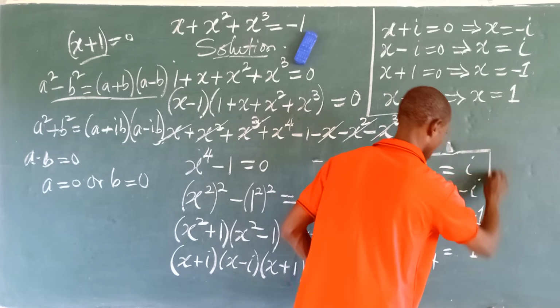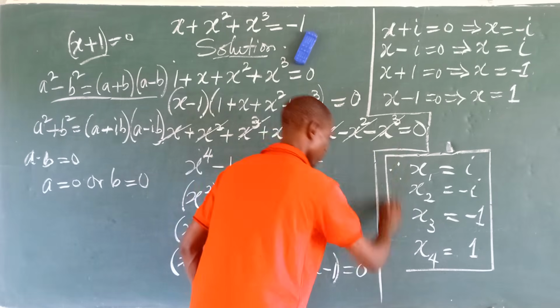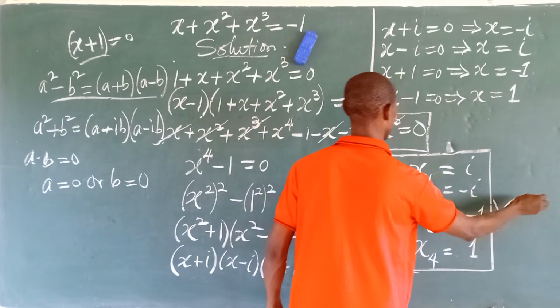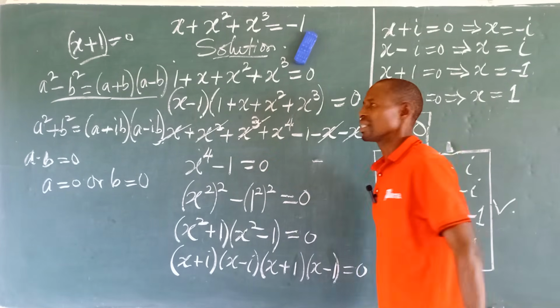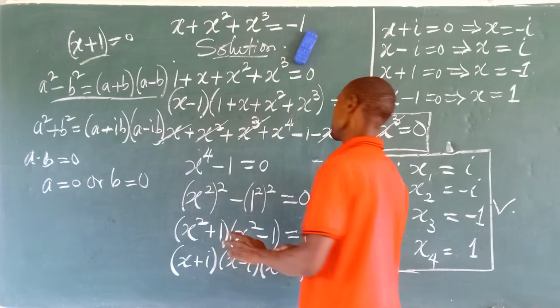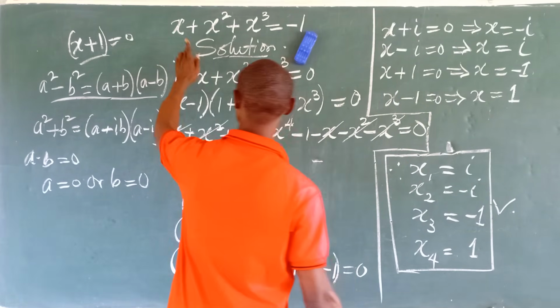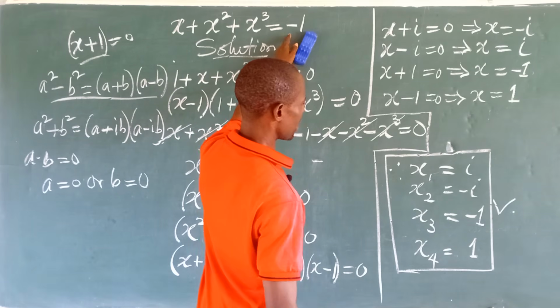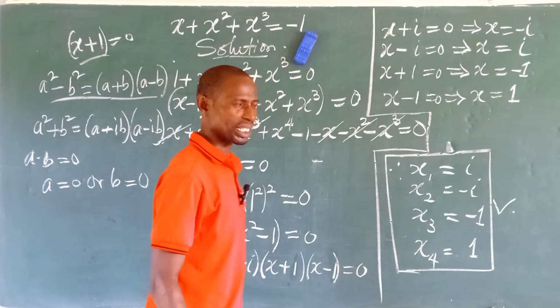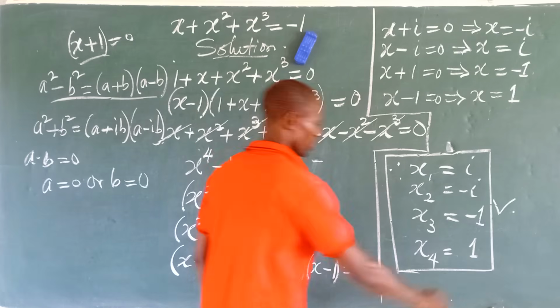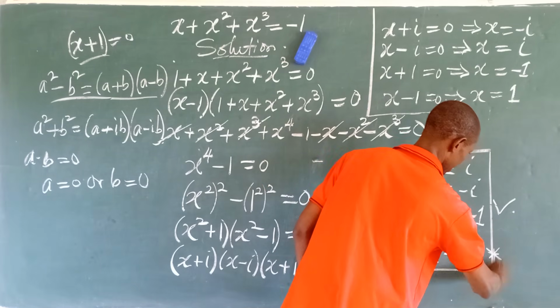So these are the 4 roots that satisfy this challenge here. But again, if you check carefully, look at our plus 1. If we put plus 1 here, will it satisfy the equation? No, it will not satisfy the equation. And so this one is rejected.